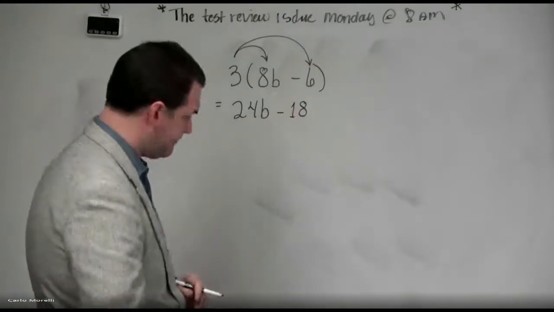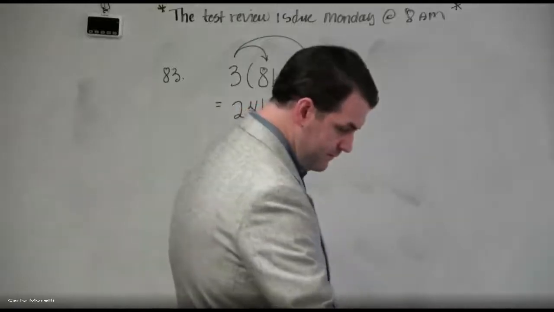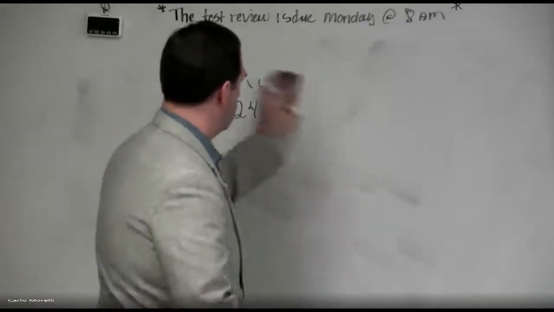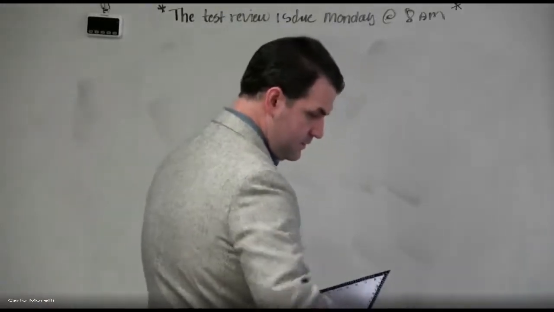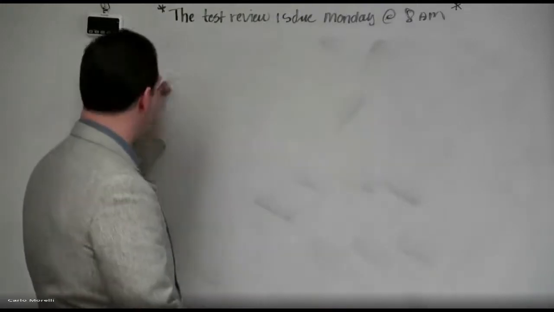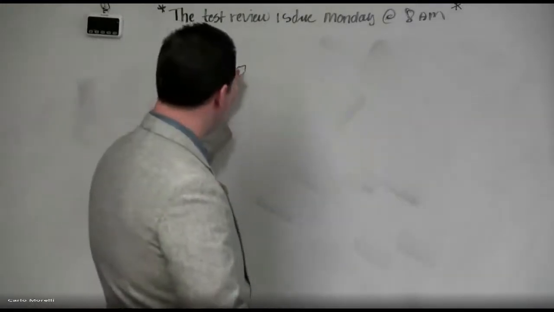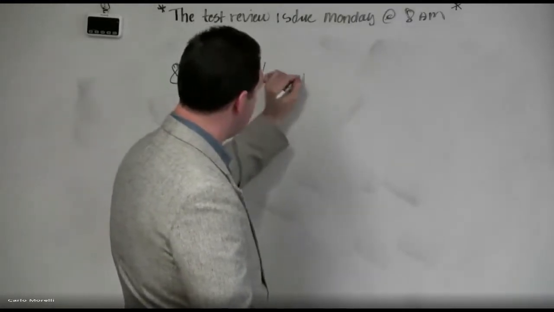There's your answer. Number 84. Seven, open parentheses, 6n minus 7.